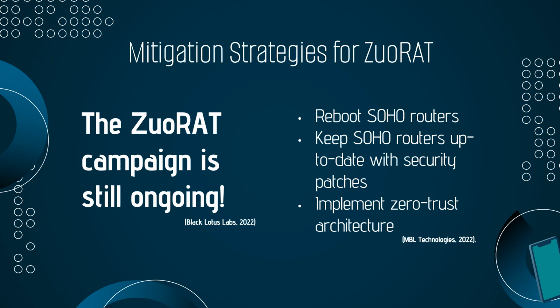Although most remote workers use VPNs to connect securely to corporate networks, ZuoRAT residing on the LAN-to-WAN domain can still bypass or exploit VPNs, making them potential attack vectors. To mitigate the risk of ZuoRAT and similar malware, you should regularly reboot SOHO routers to remove ZuoRAT, as it cannot persist past a reboot.